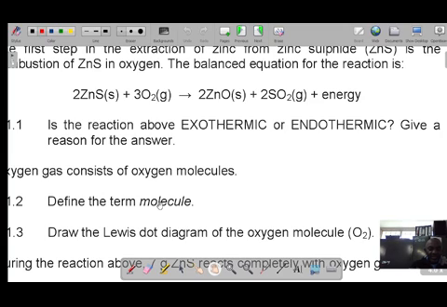So check our equation now. Where do we have the energy? The energy appears on the product side, so energy has been given off. So it is an exothermic reaction. So the answer is: exothermic reaction. Reason: energy has been released.